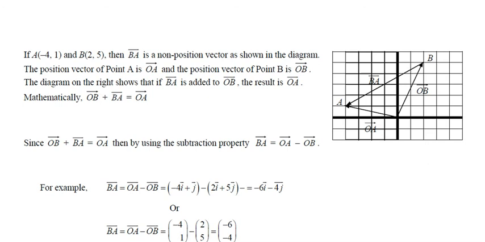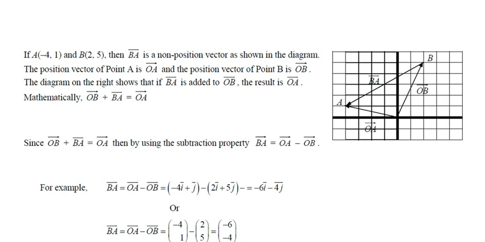If A is negative 4, 1 and B is 2, 5, then BA is a non-position vector as shown in the diagram. The position vector of point A is, again, OA. The position vector of point B is, again, OB.